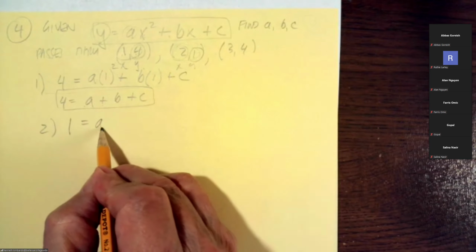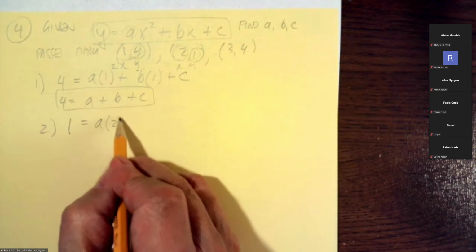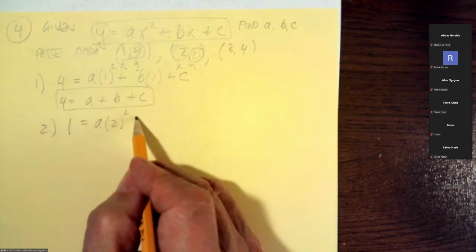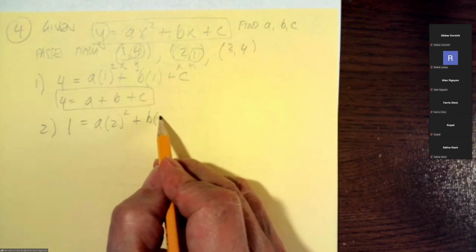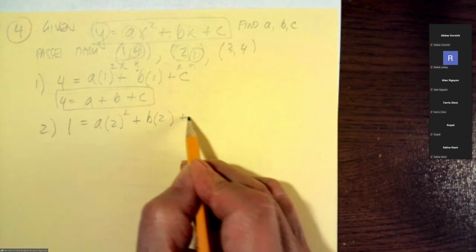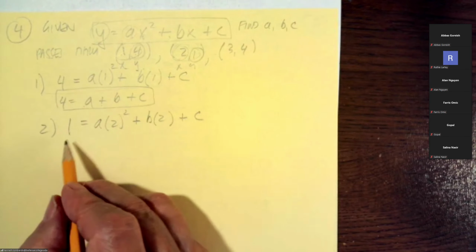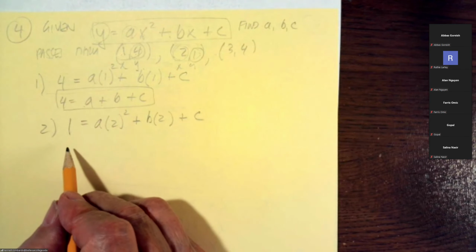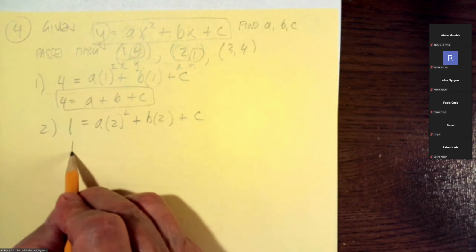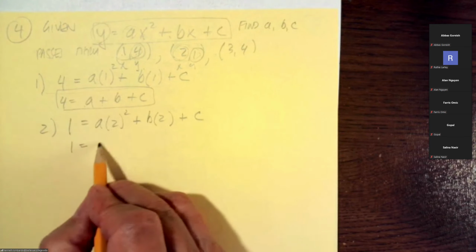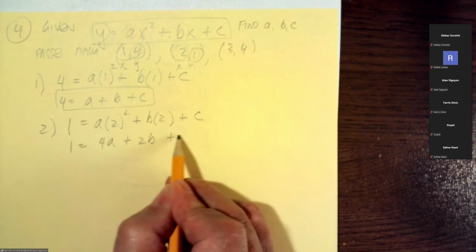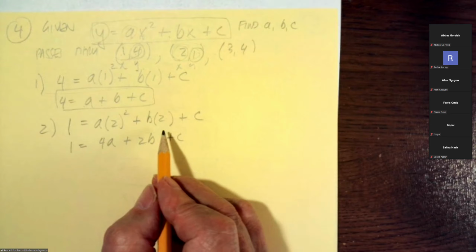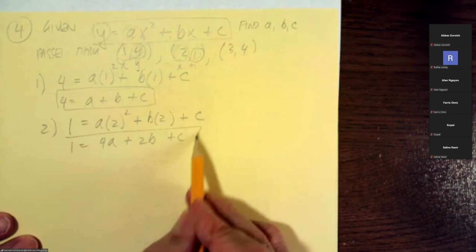So it's going to be a, x is 2, quantity squared, plus b times x, which is 2, plus c. Or the second equation then would become 1 equals 2 times 2 is 4a plus 2b plus c. So here's the second equation.